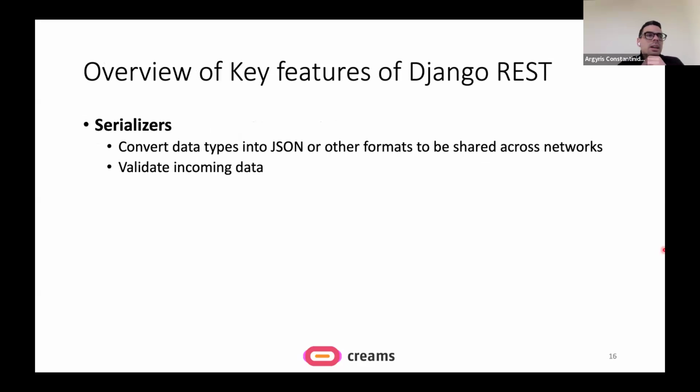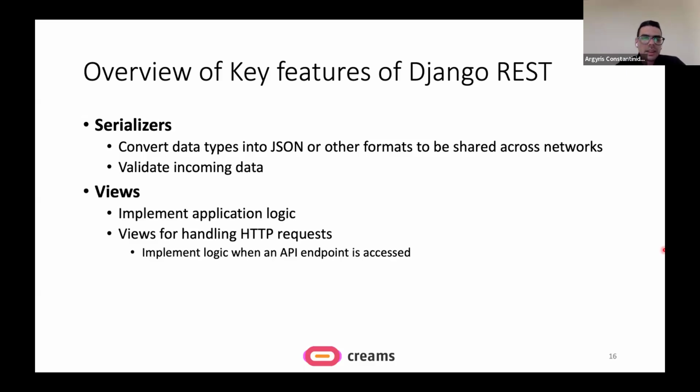Some key features that are offered as part of Django REST Framework include serialization, which occurs by implementing serializers, which in essence help us convert different data types to JSON or other formats. And this helps with sending data across the network or for validation of any incoming data. Validation is always something that we should be taking into consideration.